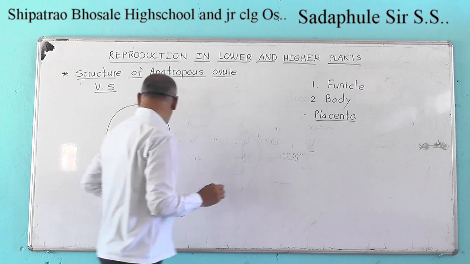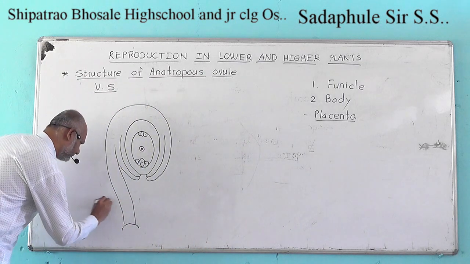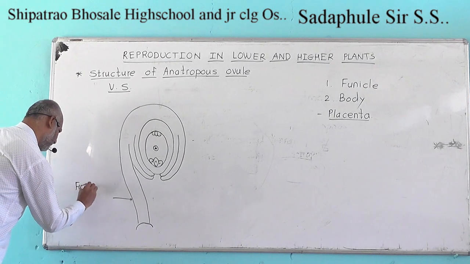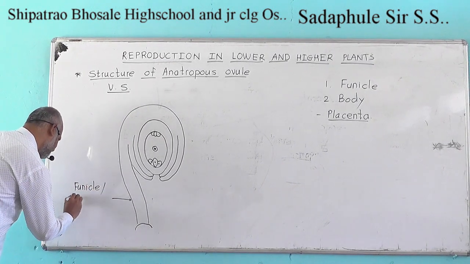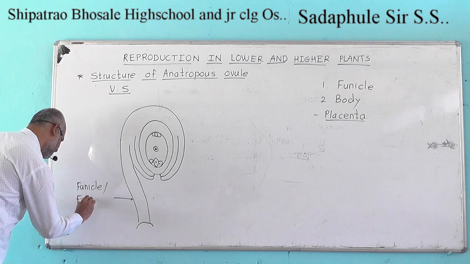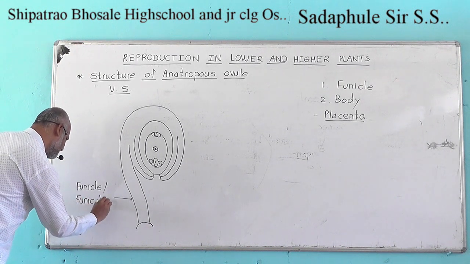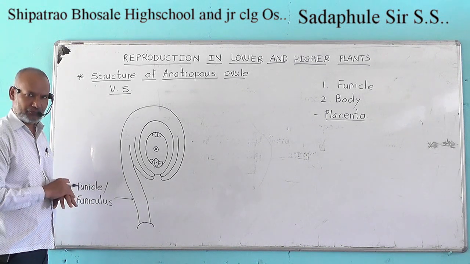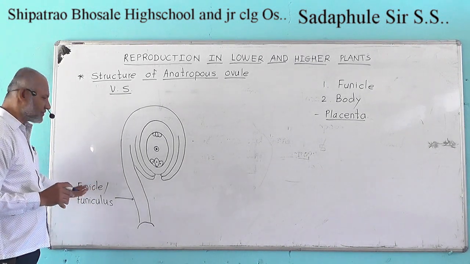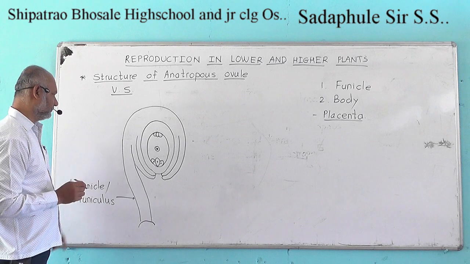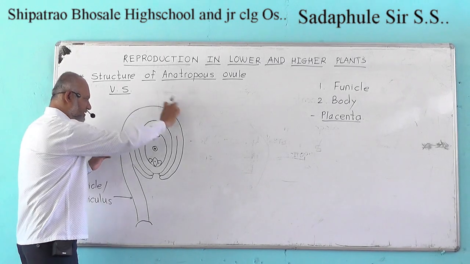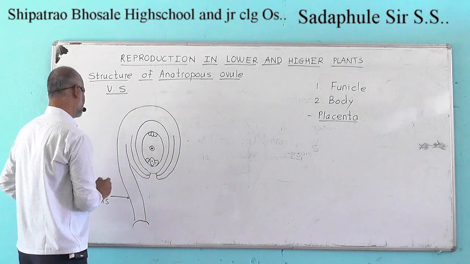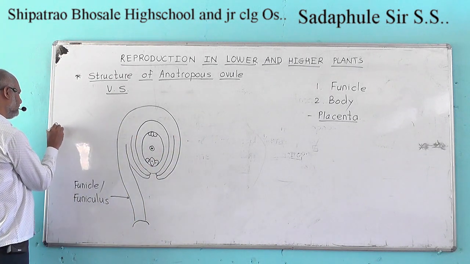Now the first part is the funicle, or it is also termed as funiculus. It is the stalk of the ovule. Then this major part is termed as the body.